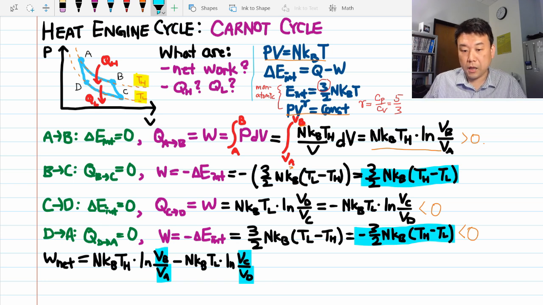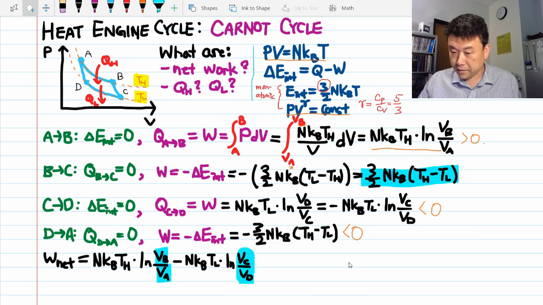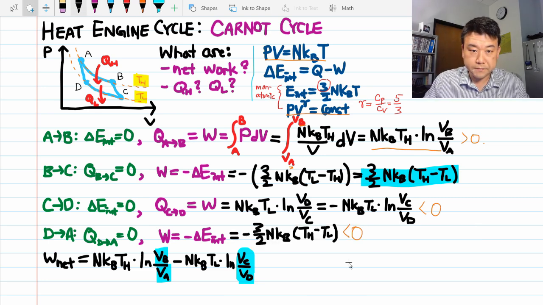I think I'll be able to express the ratio VC over VD in terms of the ratio VB over VA. Let me make a little space here to work that out. Alright, so that's probably enough space.